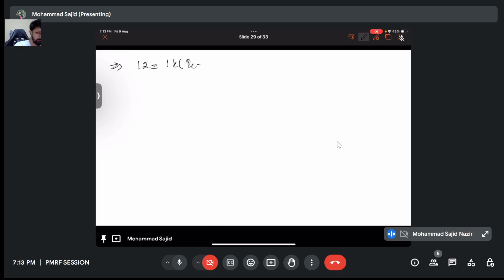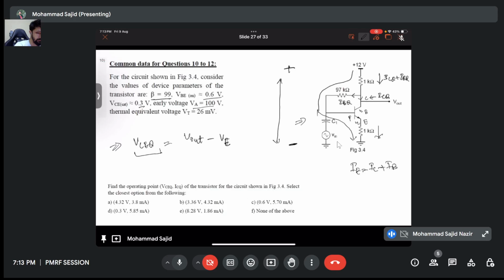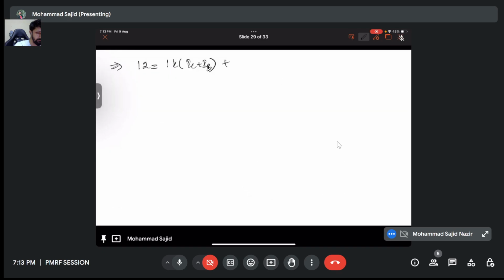Now I'm writing the KVL for this branch directly. This is 12 minus IC plus IB flowing through 1 kilo ohm, and then you have this voltage, VCEQ, minus the emitter current times 1 kilo ohm. So that's what we are writing here. And the emitter current, as correctly mentioned in the chat box as well, is IC plus IB.